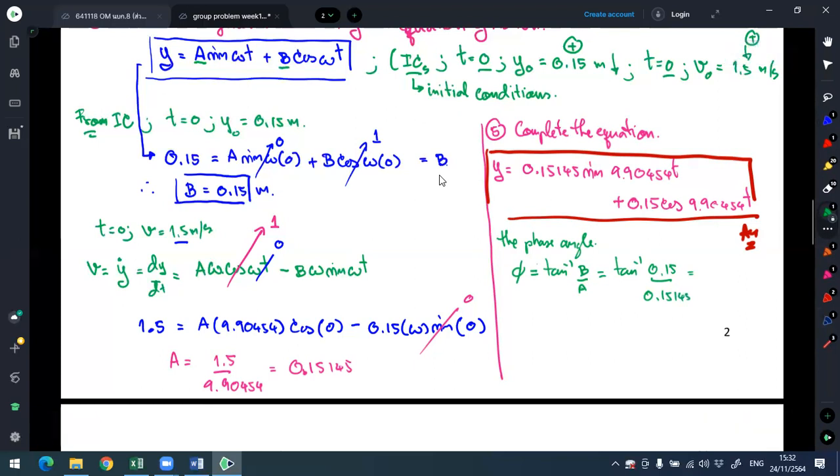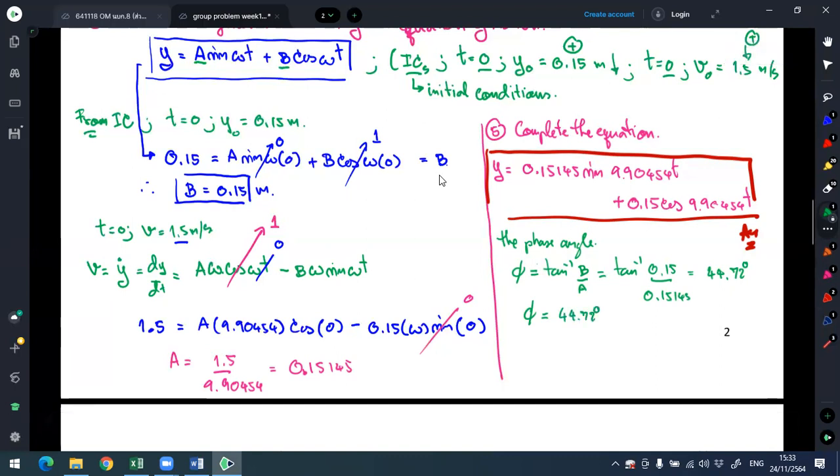If you don't change the setup in your calculator, it may be in degrees, maybe equal to 44.72 degrees. But you have to answer the angle phi in radians, so you have to convert the degrees to radians first.